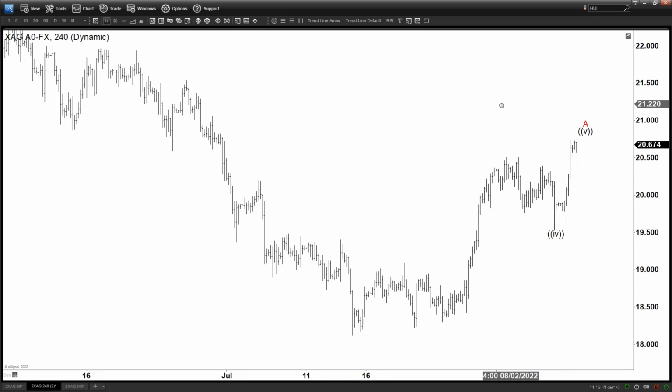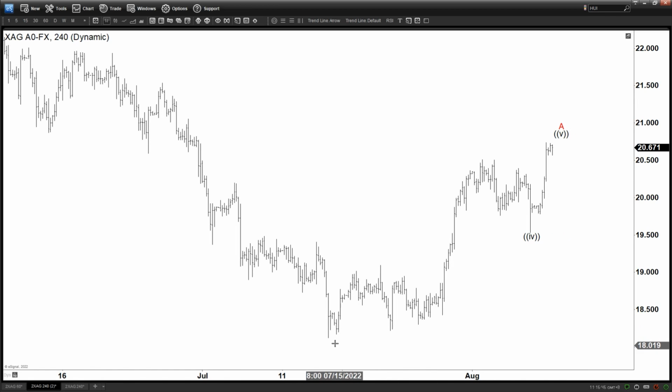So here you can see we are now about to end with 5, so we can sort of guess if this is a 5 and this is 4, that means the 3 must be here, right? And then if this is the 3, then we can guess where's the 2 and the 1. So the 2 and the 1 must be somewhere here.